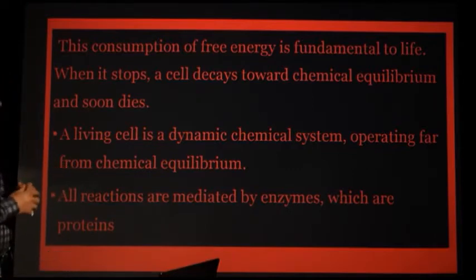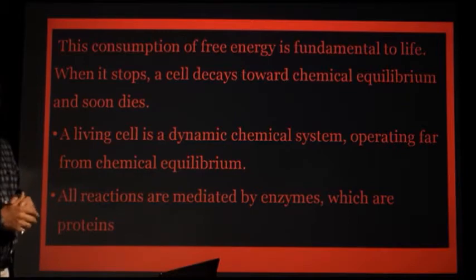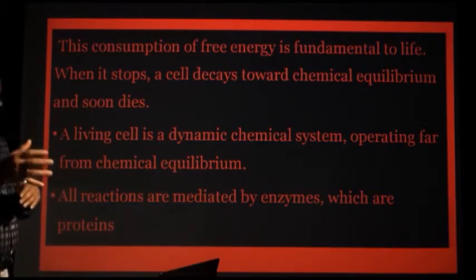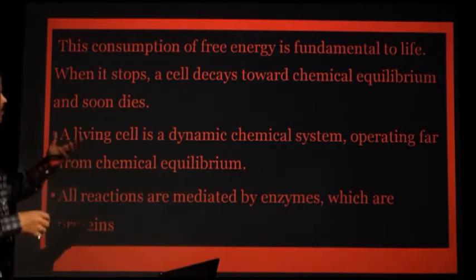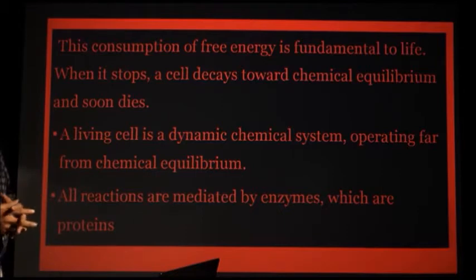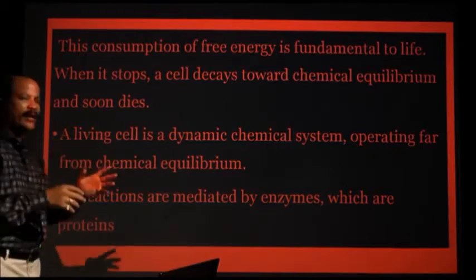When a cell stops utilizing free energy, it comes to death, or the process slows and ultimately it dies. And a living cell is a dynamic chemical system. Definitely it is not static, it is dynamic, it carries out work and operates far from chemical equilibrium.